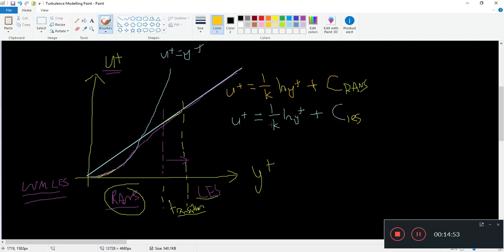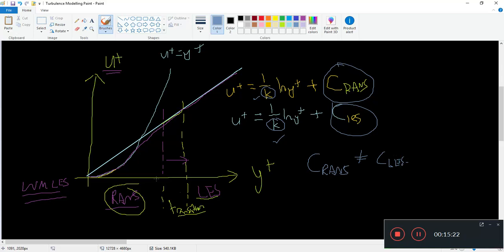What they found was that this k actually equals this k, so that's okay. This gradient has been preserved, but this C-RANS, when they do the full simulation, was not equal to C-LES.